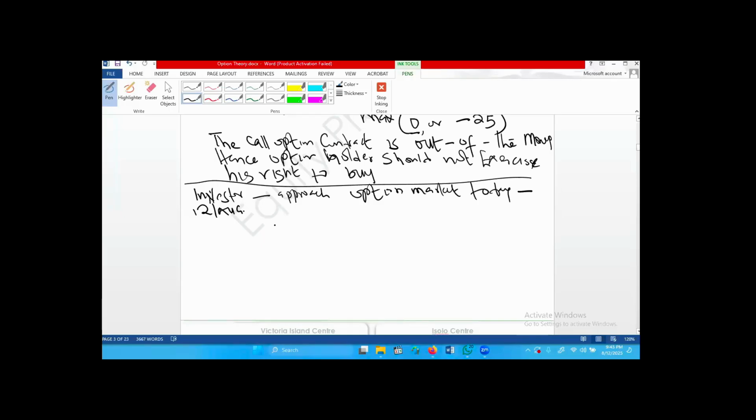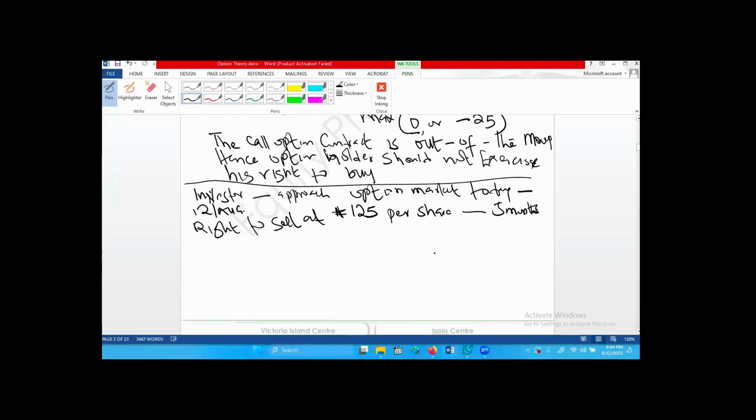Assuming the investor obtained a price of 125 naira per share. You have obtained a right to sell at 125 naira per share in 5 months' time.